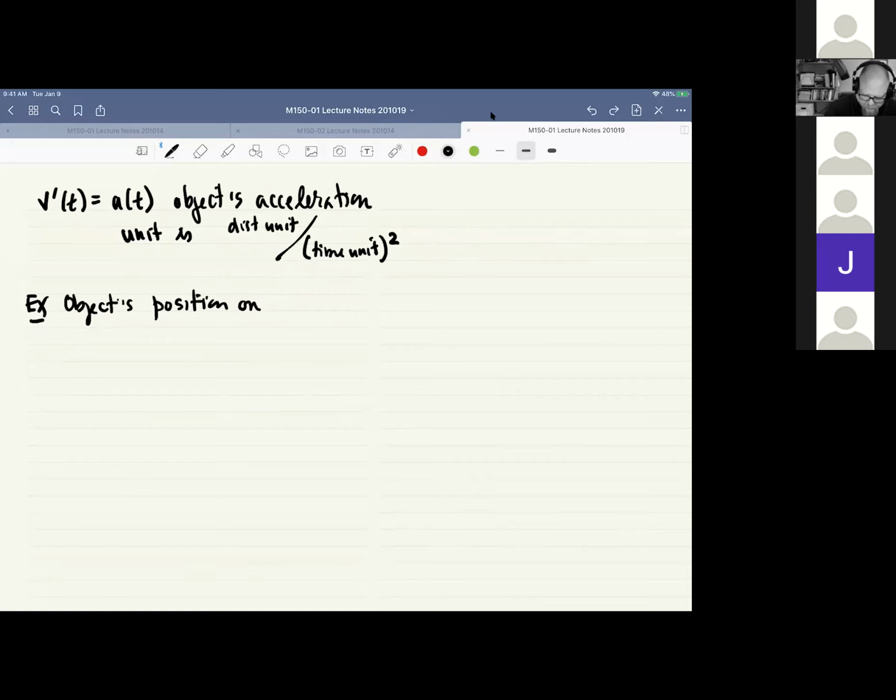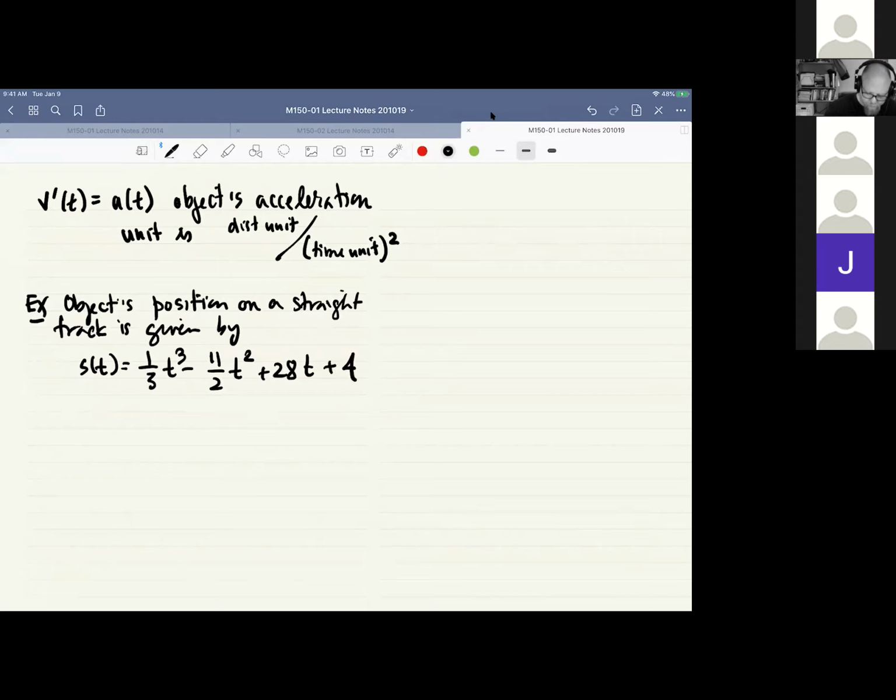Its position on a straight track is given by this third degree polynomial: s of t is 1/3 t cubed minus 11 halves t squared plus 28t plus 4, where t is measured in seconds and s is in meters.